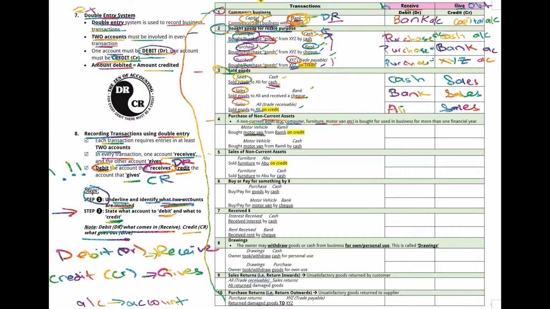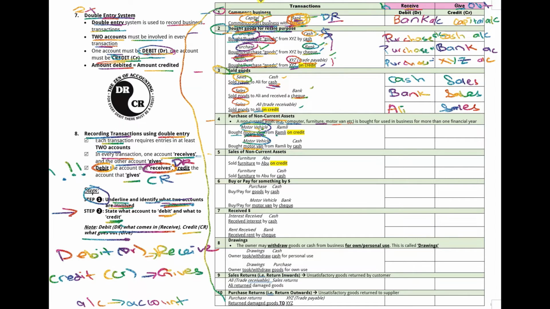When you buy a non-current asset, you use the name of the non-current asset. So for example, motor vehicle, you open up the motor vehicle account over here, okay? Do not see bought and then write purchase, okay? Purchase is only for bought goods. When you buy the assets, you write the name over here: furniture, motor vehicle, computer, office equipment, and so on. So you write the name.